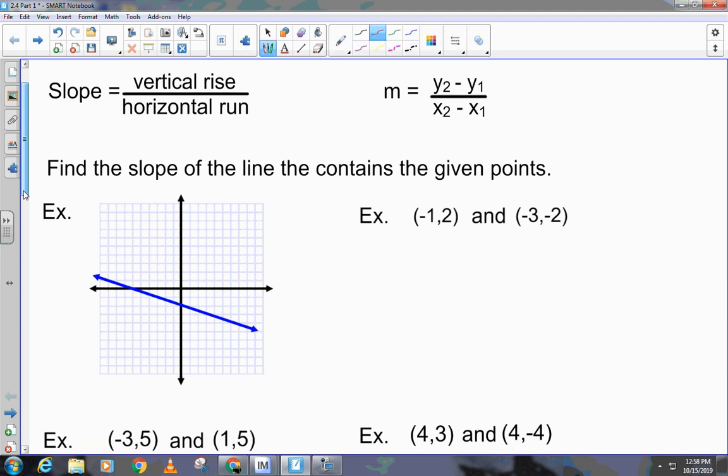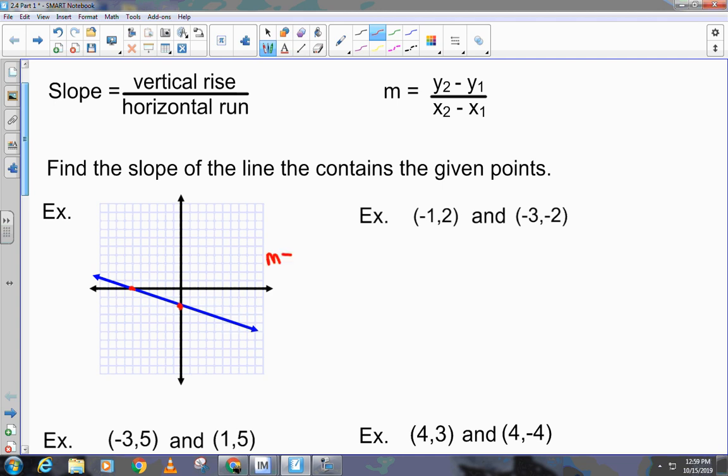If it's graphed, you need to find two good points where it crosses at a good spot. If we look at those 2 points right there, we could go from one point to the other, and we rise and we run. If I go from the bottom one to the top one, I rise up 2, which is a positive 2, but then I have to go to the left 1, 2, 3, 4, 5, 6.